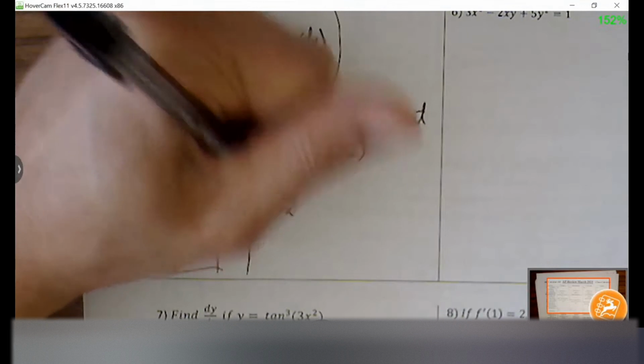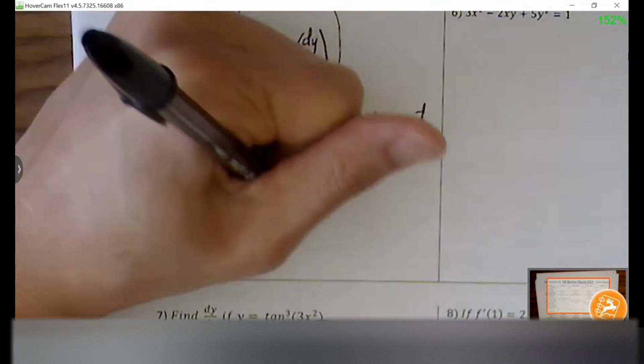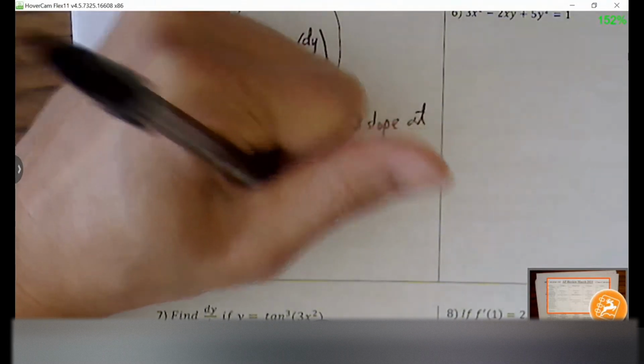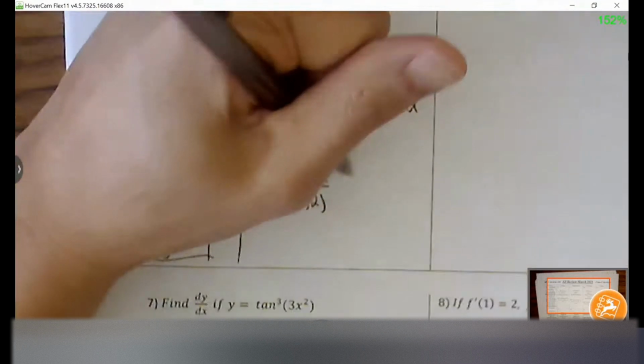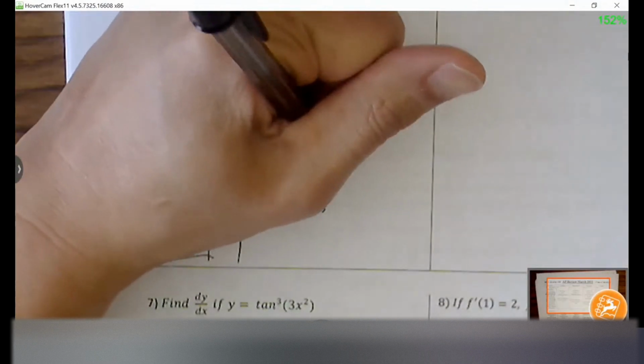So typically the notation is a vertical line with an ordered pair next to it to indicate that I'm having to involve both my x and y value into my derivative, into my slope evaluation.